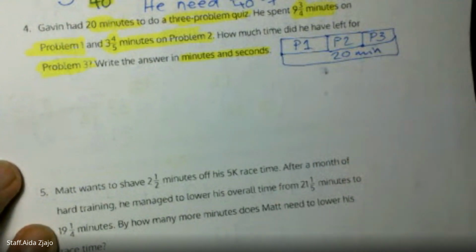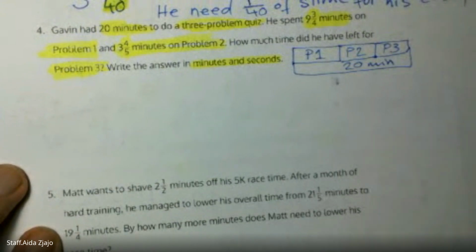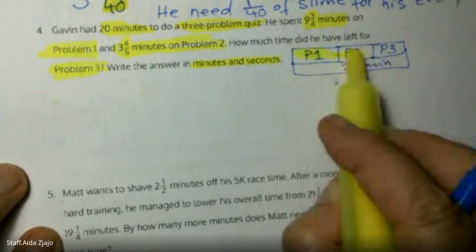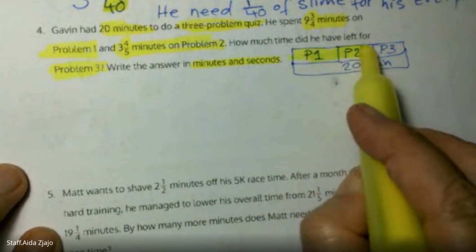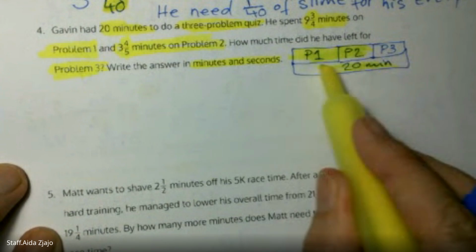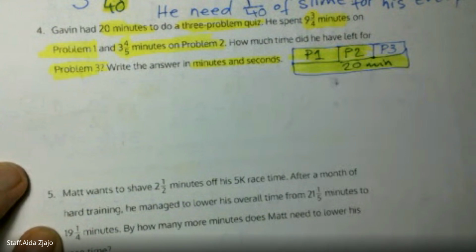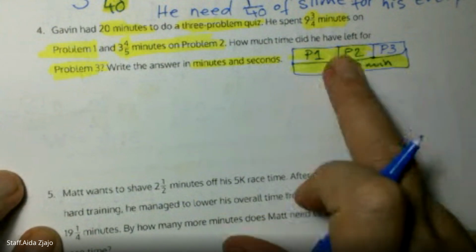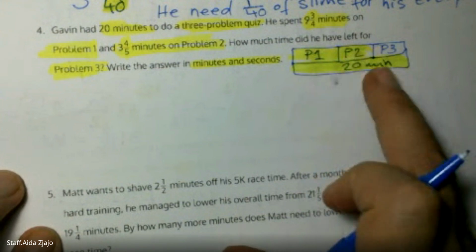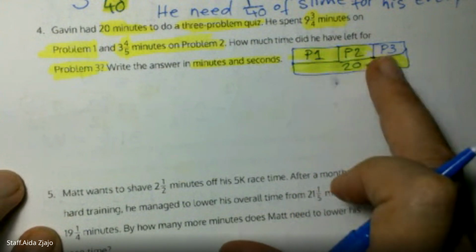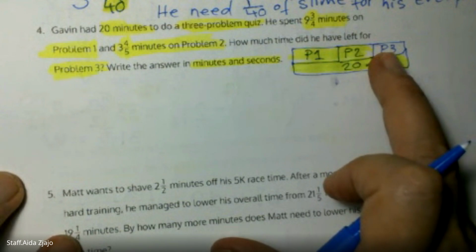We know this one and this one. We don't know how much that is, but we also know how many minutes he can have for all 3. So if we take these 2 parts and subtract from the total, we will know the missing number.